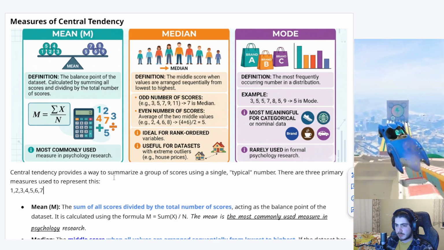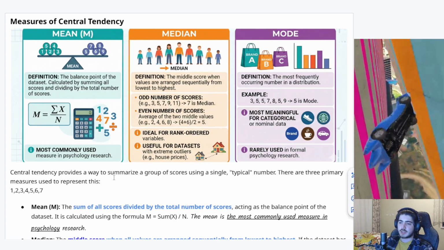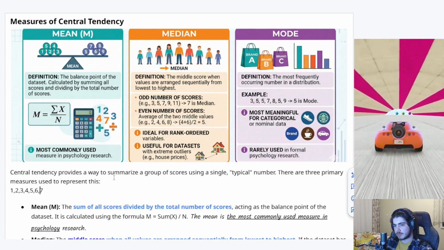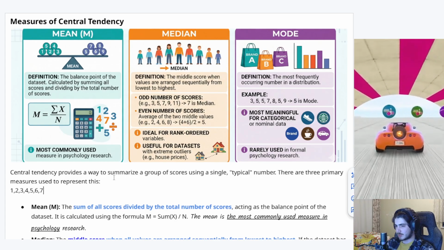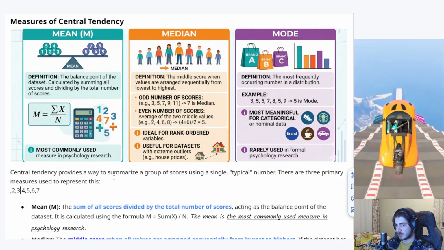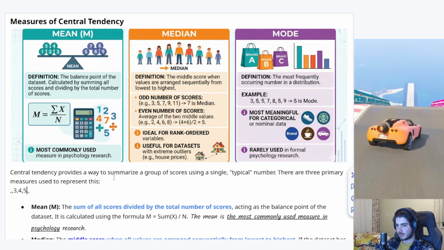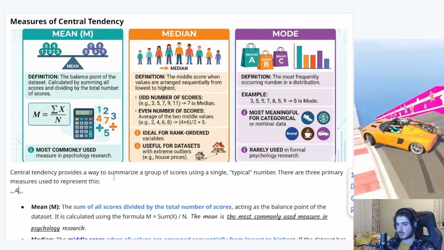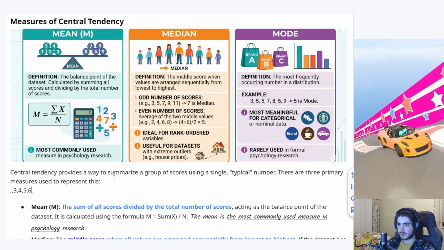If this were 7, it would be much easier to find out which one the median is, but for the sake of demonstration, let's check it out with 7. So you remove 1 from this side, 1 from this side, 1 from this side, and so on, and the remaining number is your median score.